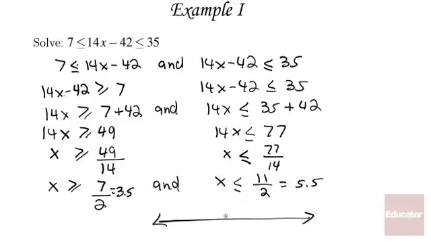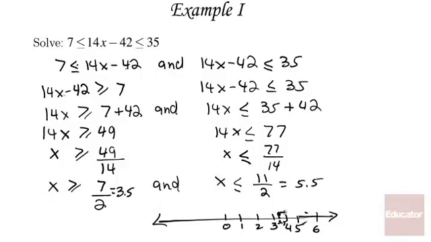To help me graph it out, I'm going to write it in decimal form. 1, 2, 3, 4, 5, a little more room, 6. Okay. So what it's saying is x is greater than or equal to 3.5, which is right here. And it includes that point 3.5. So I'm going to put a closed circle here. The other restriction is that x is less than or equal to 5.5.